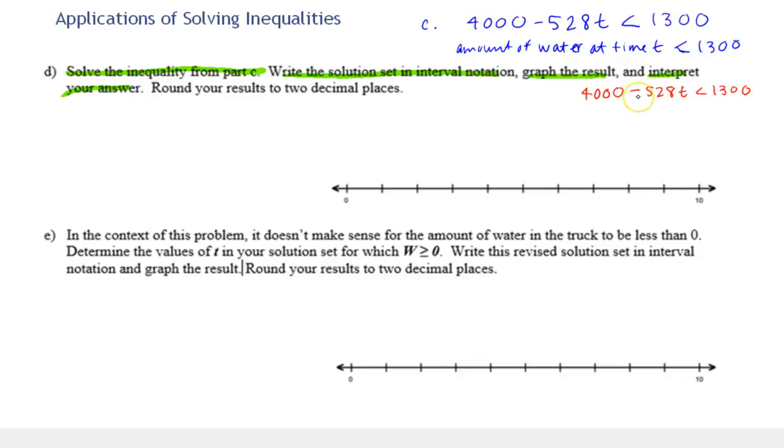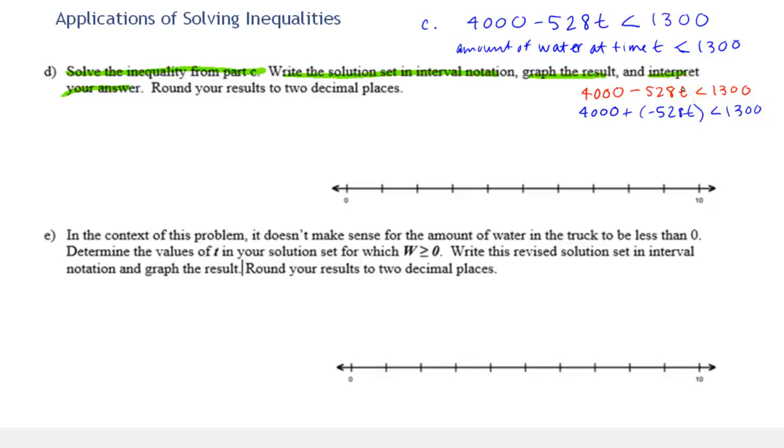So subtracting the result from 4,000 kind of reverses the order a little bit compared to how we usually construct them. So we could think of this as 4,000 plus negative 528t is less than 1,300. And then our construction story would make a little more sense.